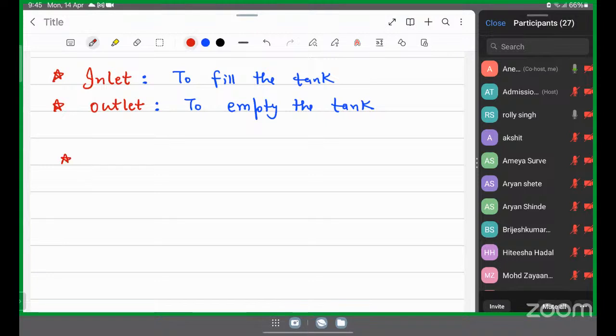First point is if a pipe can fill a tank in X hours, then what part of the tank will be filled in 1 hour?